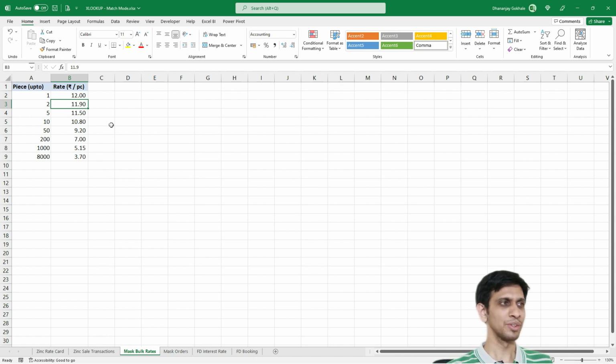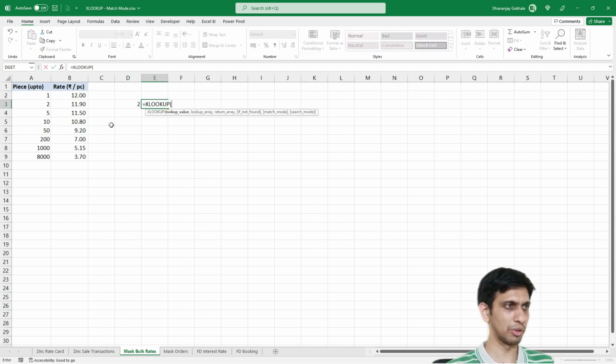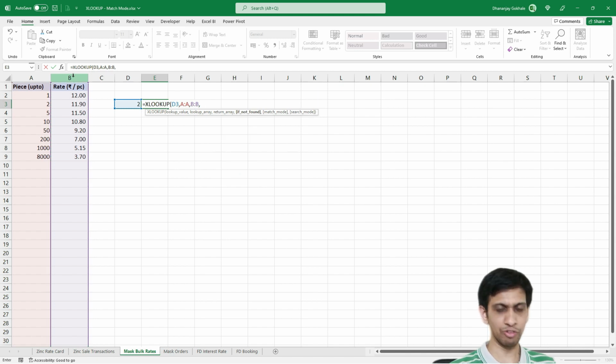So now we will formulate XLOOKUP a bit differently. Let's say I purchase 2 masks. Let us formulate our XLOOKUP first. Is equal to XLOOKUP, search for this piece quantity in the A column, comma, and fetch the rate from the B column, comma, not found, default value you can write 0, comma.